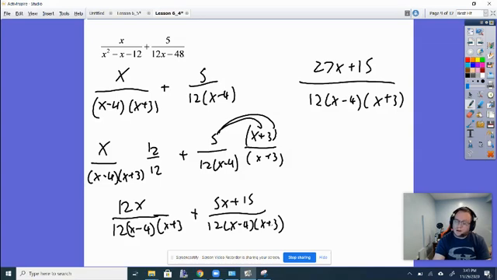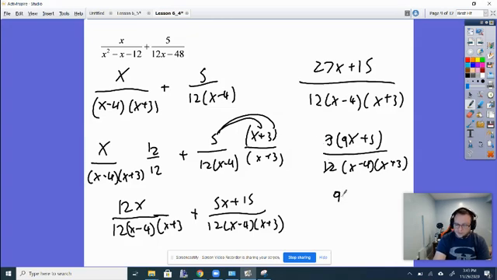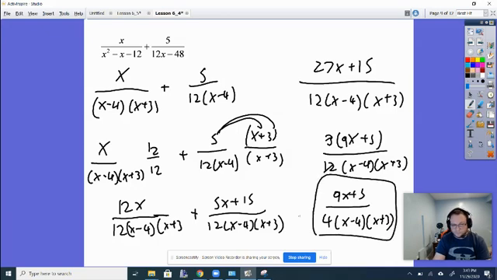So I'm going to have 3, and then 9x plus 5 over 12, x minus 4, x plus 3. I can simplify this down by 3, so I'm going to end up with 9x plus 5 over 4, x minus 4, x plus 3. Okay, and there's my answer.